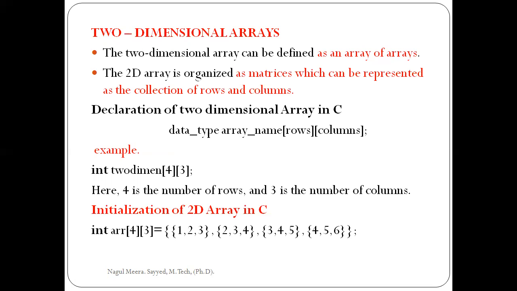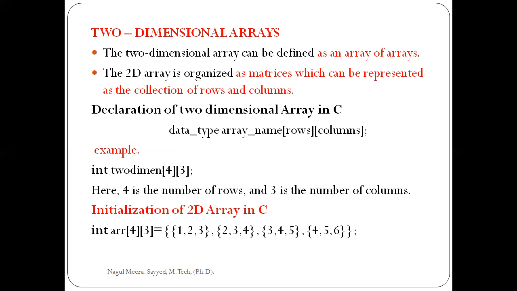But a two-dimensional array is organized in the form of a matrix to represent a collection of rows and columns. So we can define rows and columns, and we use two-dimensional arrays to define rows and columns. Simply to represent a matrix, we are using these two-dimensional arrays, which consist of a table, nothing but rows and columns.